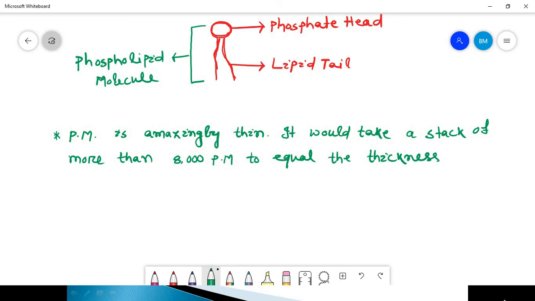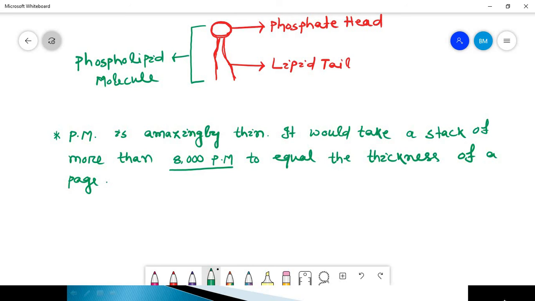The thickness of a page is equal to 8,000 layers of plasma membrane. So you can imagine now how thin the plasma membrane is.